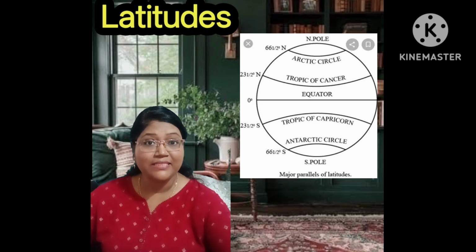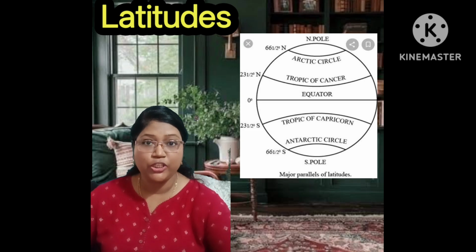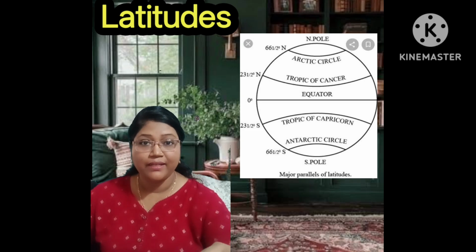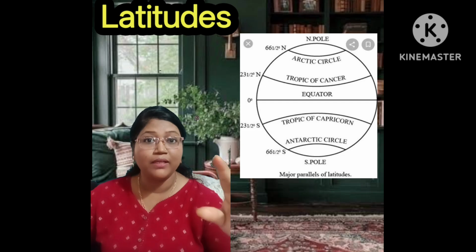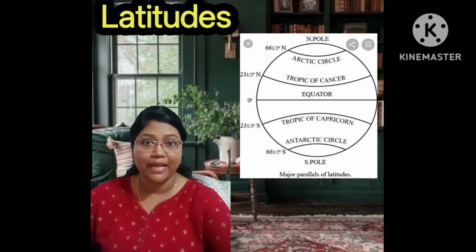These latitudes are expressed in degrees. At the equator, it is 0 degrees. From there to the North Pole and South Pole, it goes up to 90 degrees, meaning 0 degrees, 1 degree, 2, 3, 4, 5, up to 90 degrees, either at the South Pole or North Pole.